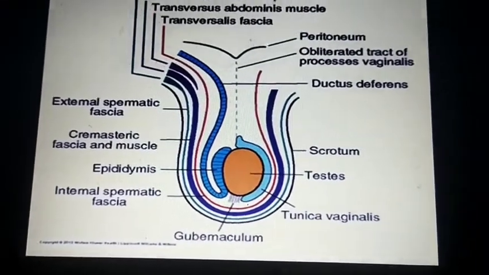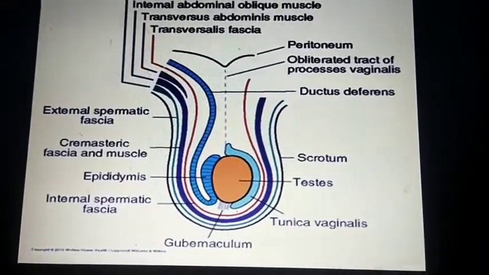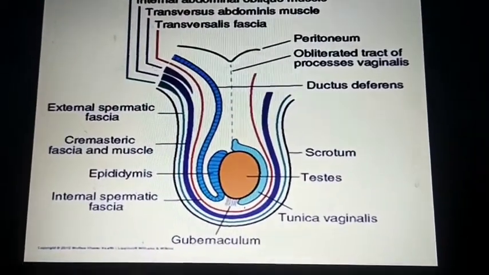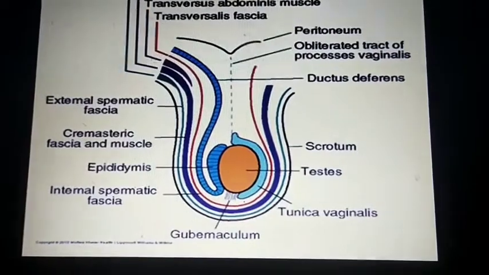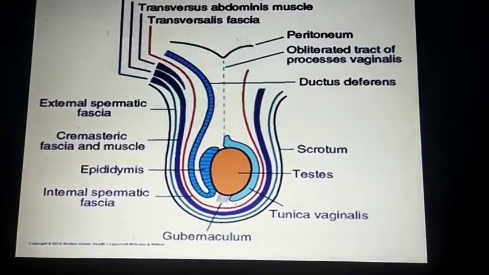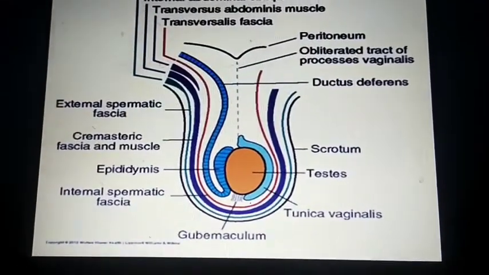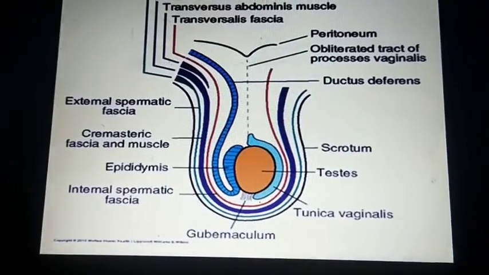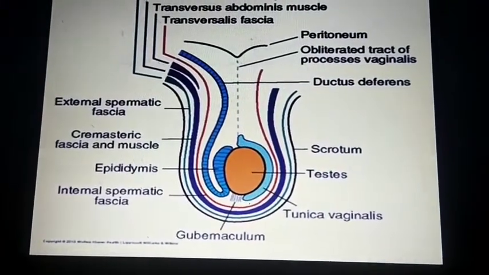The testis descends from the abdomen to the scrotum via the inguinal canal. That's why the deep inguinal ring and superficial inguinal ring form. In short, the inguinal canal forms because of the descent of the testis.